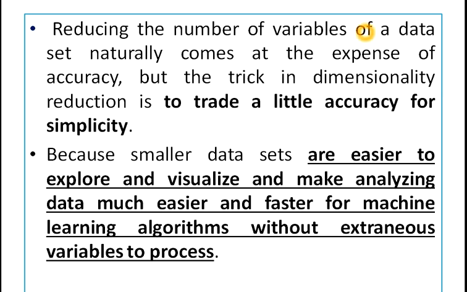Now, reducing the number of variables of a dataset naturally comes at the expense of accuracy, but the trick in dimensionality reduction is to trade a little accuracy for simplicity, because smaller datasets are easier to explore and visualize, and make analyzing data much easier and faster for machine learning algorithms without extraneous variables to process.